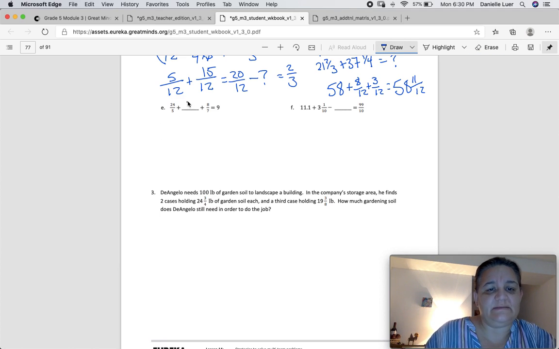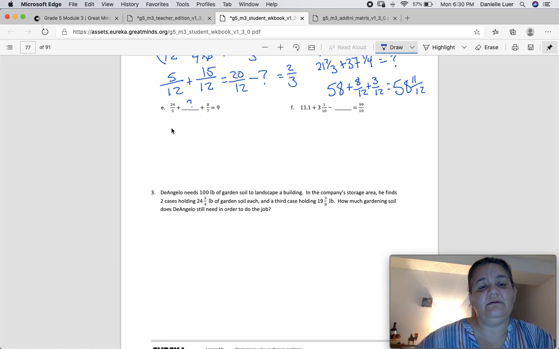24/5 plus blank plus 8/7 equals 9. Okay, well, let's go ahead and, I have the urge to turn these from improper fractions into mixed fractions.